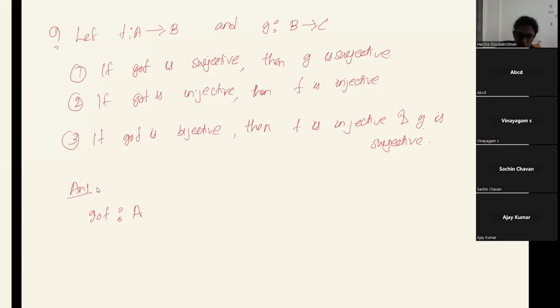G composite F means first F is operating, so F is mapped from A to B, right? So the domain should be A, because F is the function to be operated first. So the domain of G composite F should be the same as the domain of F.